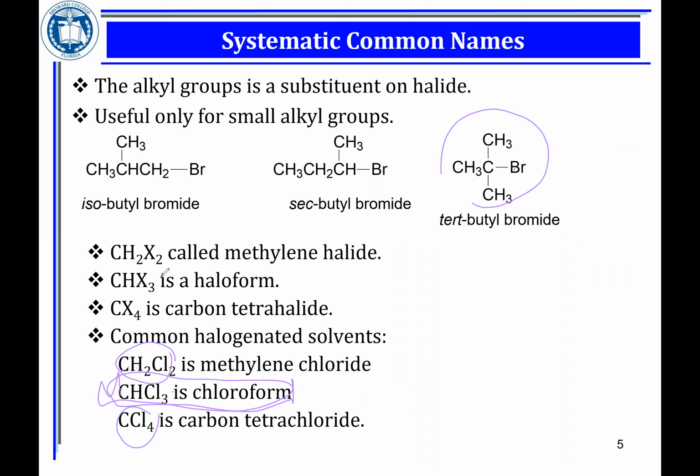And then 3 halogens would be haloform in general. So you have chloroform. If you have CHBr3, it's going to be bromoform. And if you have CHI3, it's going to be iodoform.